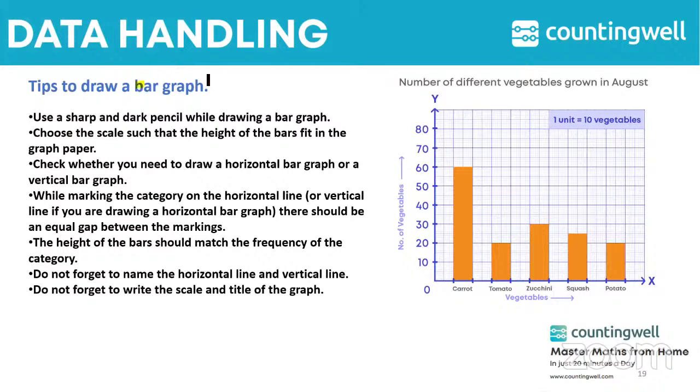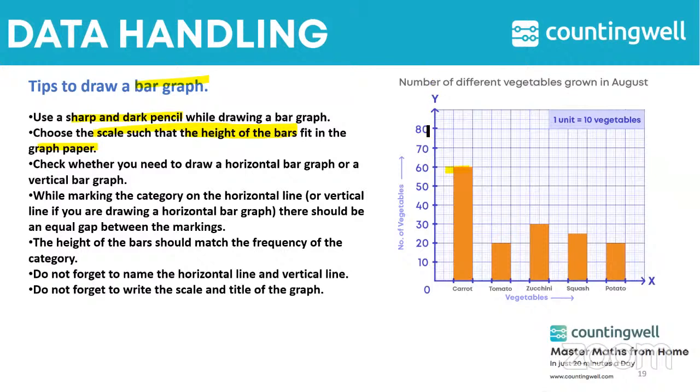When you are drawing a bar graph, always use a sharp and dark pencil, and you have to choose a scale such that the heights of the bars fit in the graph paper. So here you have taken 1 unit equals to 10 vegetables. If you take 1 unit equals to 1 vegetable, then to show 60 vegetables, you need 60 divisions, correct? You need 0, 1, 2, 3 and up to 60.